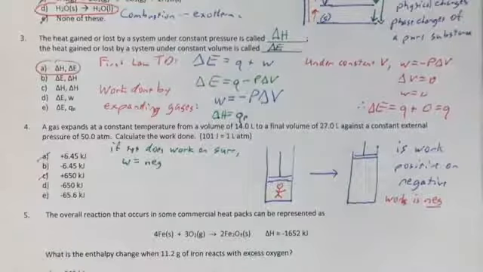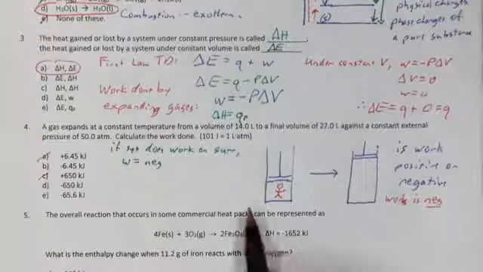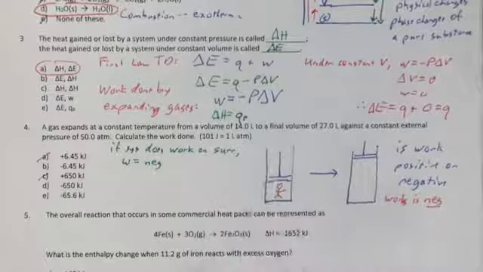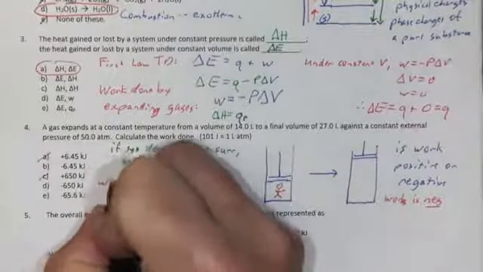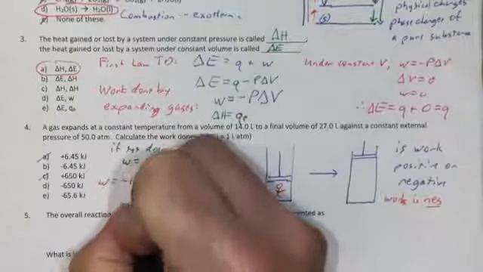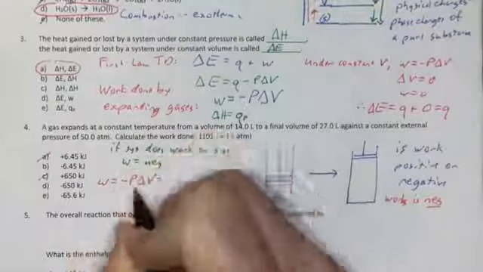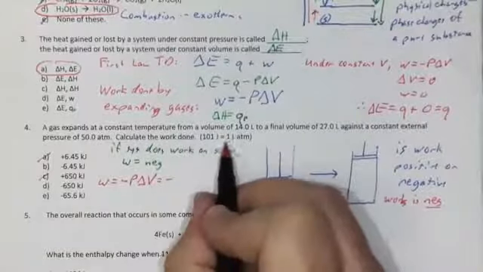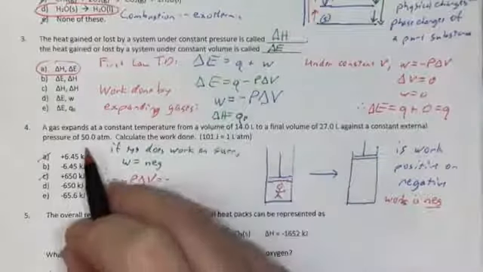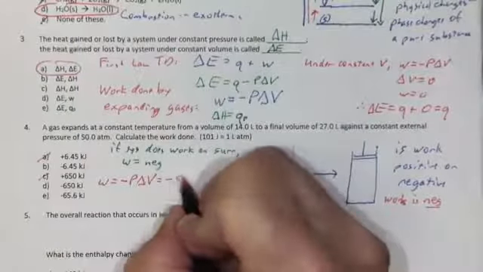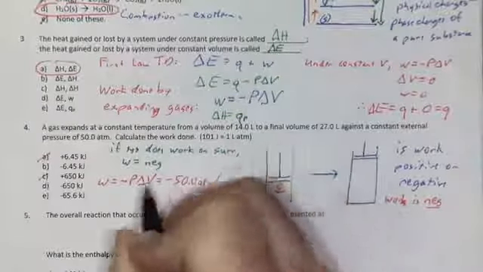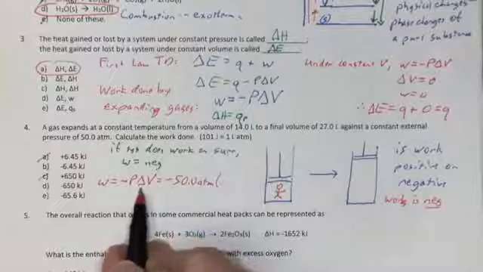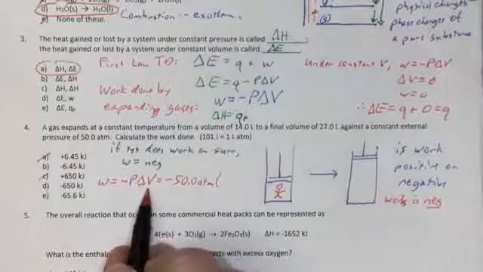Okay. Now, the rest of this will be a calculation using the definition that I mentioned up here. And that definition is that the work of an expanding gas is equal to negative P delta V. Now, I'll put negative, and the pressure here is 50 atmospheres, constant pressure, negative 50 atmospheres. And delta V. Now, in chemistry, you need to always know that delta V is final minus initial.